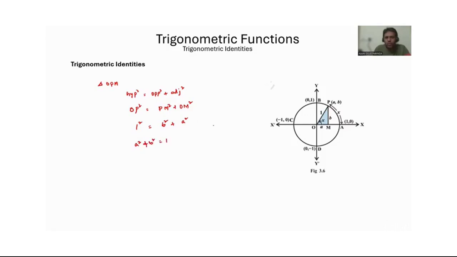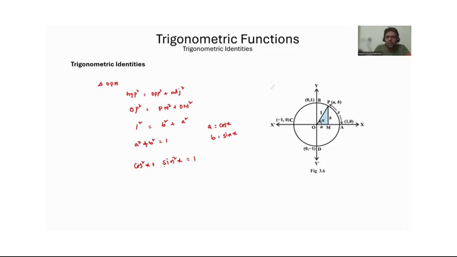But we know from this, what is a? a is nothing but cos x, right? That's what we learned. And also b is sin x, right? I'll just substitute these values. So cos square x plus, b is sin x, so sin square x equals 1. This is the first trigonometric identity.